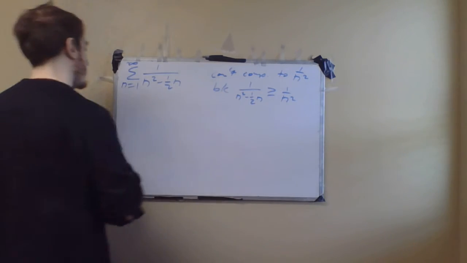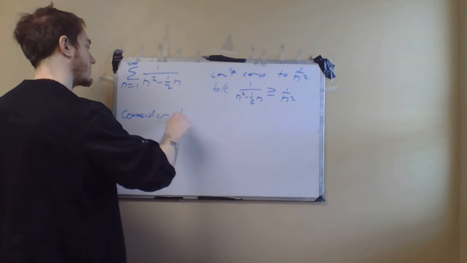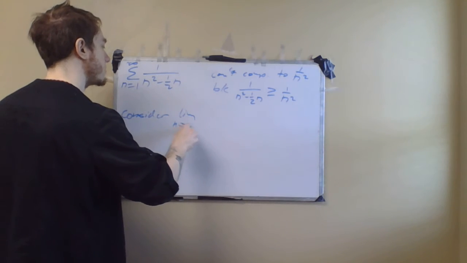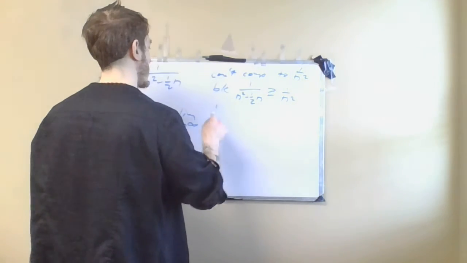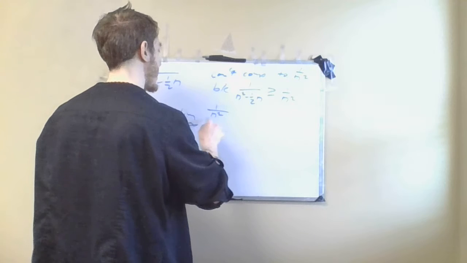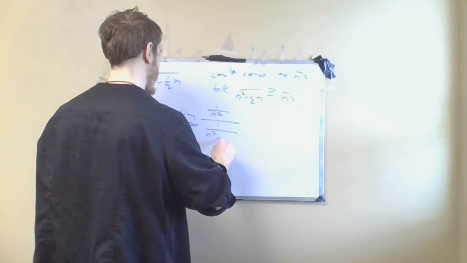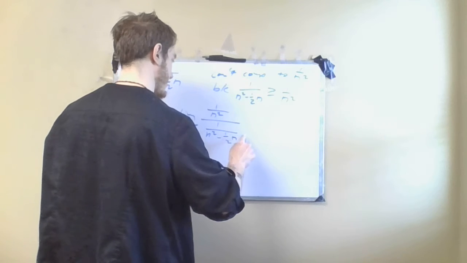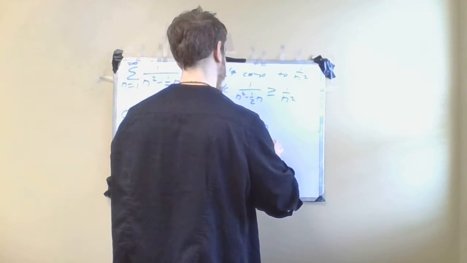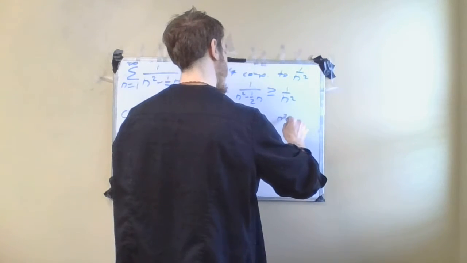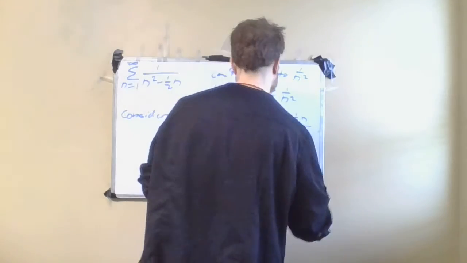And that easier way is to consider the limit as n goes to infinity of 1 over n squared divided by 1 over n squared minus 1/2 n. Well, this is equal to the limit as n approaches infinity of n squared minus 1/2 n divided by n squared.